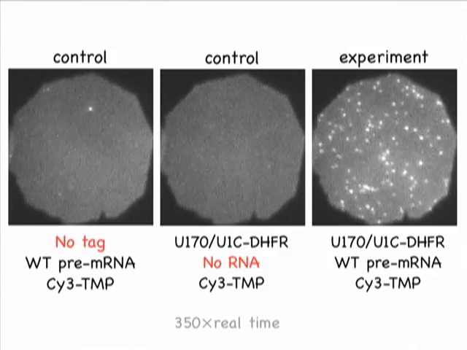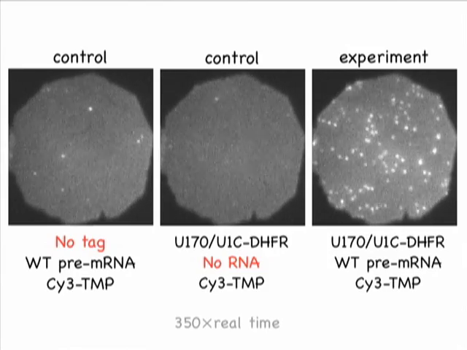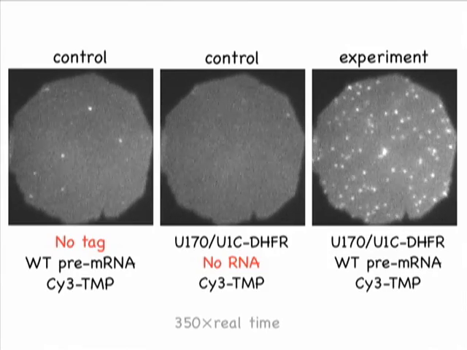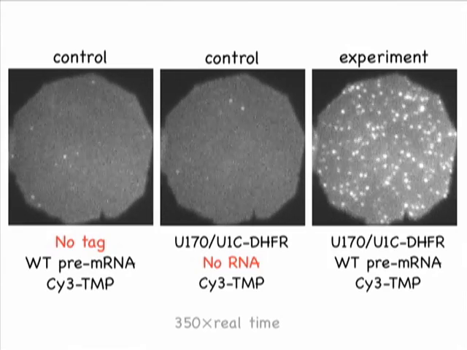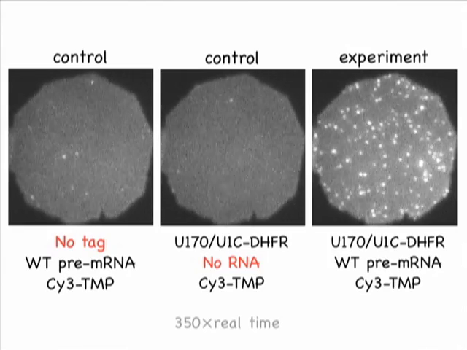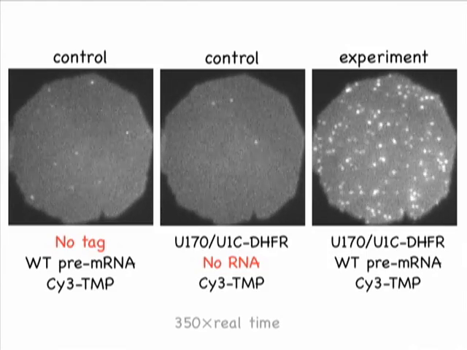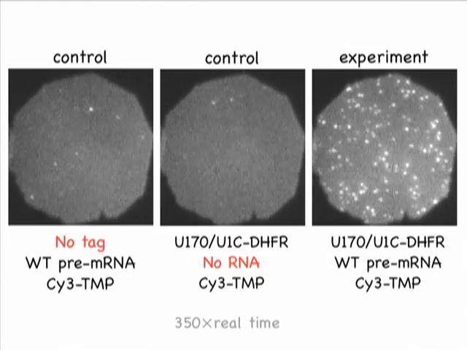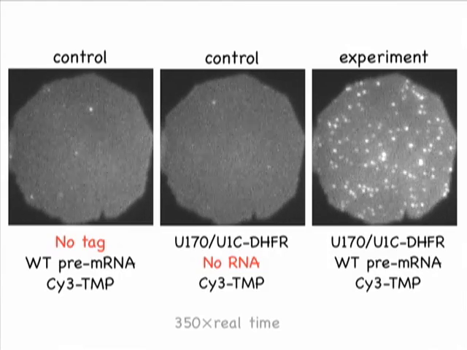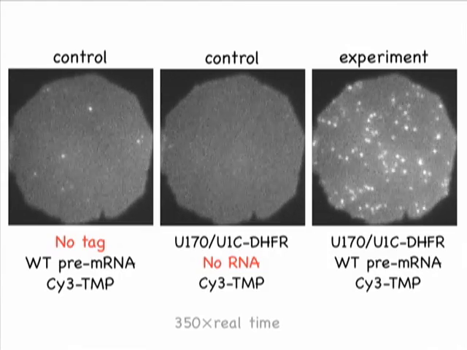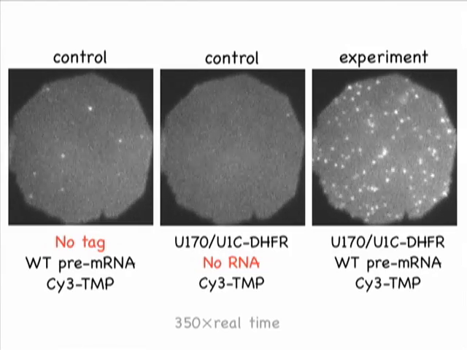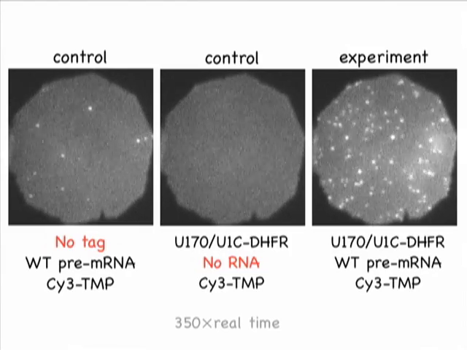So we have tagged U1, we have the pre-mRNA on the surface, and we have Cy3 TMP. Now, one thing that you can see immediately from this is that U1 interaction with the RNAs is highly dynamic. So even in the absence of ATP, U1 is binding and releasing multiple times from each pre-mRNA.